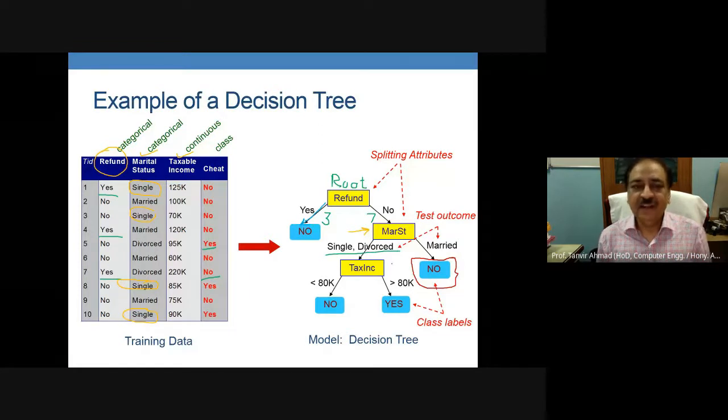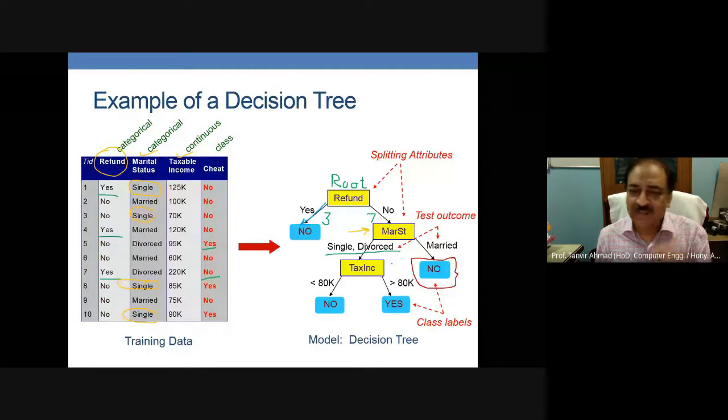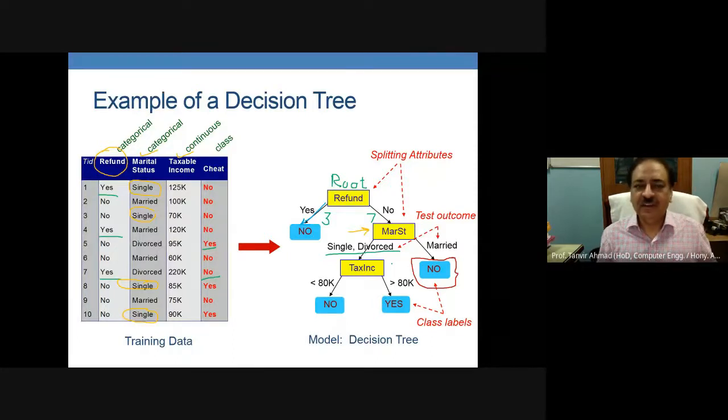And you know that you are only having one of the attributes left. You already used refund, you already used marital status, and therefore what remains is only taxable income. Therefore, there is no need to calculate the information gain, and that becomes the root automatically.